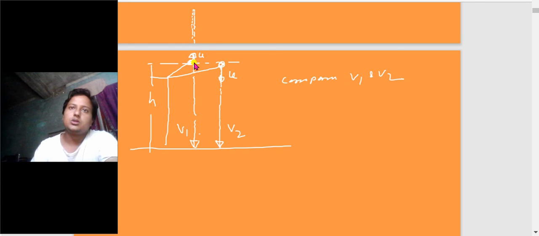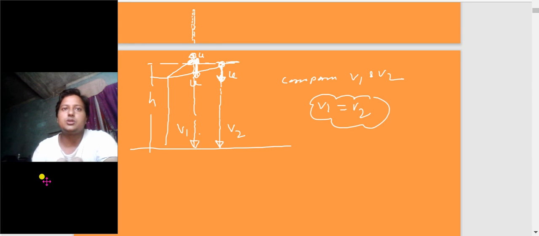As the body moves upward with a speed u, it will come back with the speed u again. So the only difference is the time, and both have the same speed at the same position, so they will hit with an equal speed. So v1 equals v2.